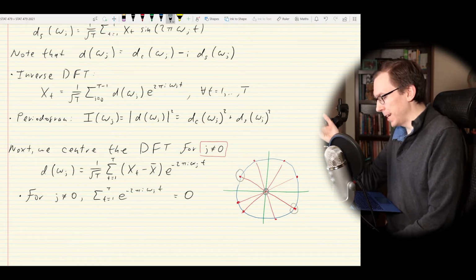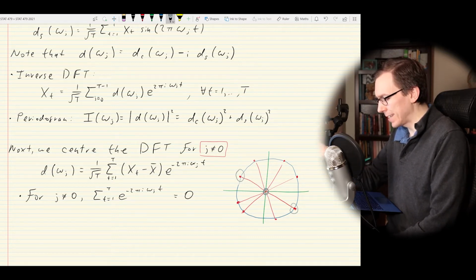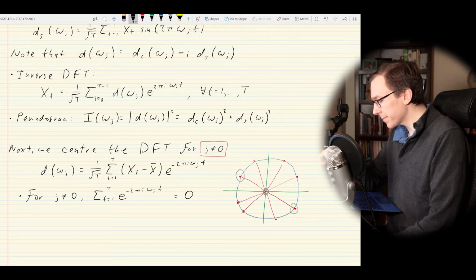So by the symmetry of the whole thing, if I sum up all the complex exponentials here, I just get 0, which means I can add and subtract a constant and nothing changes for my DFT.